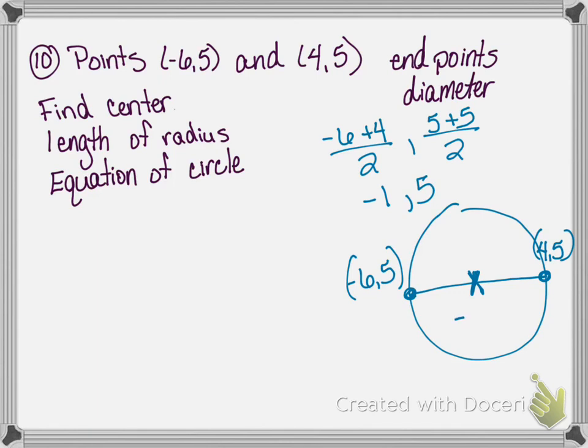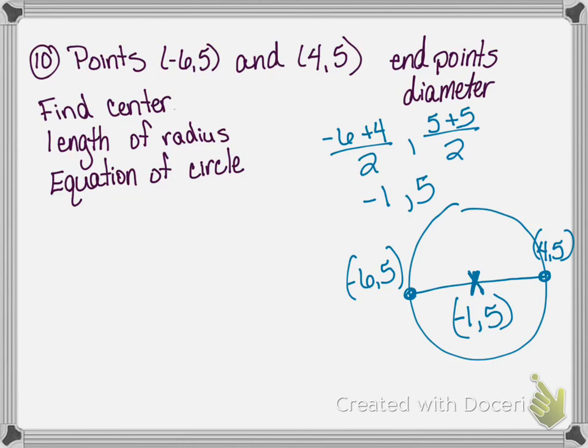So my midpoint, or the center of my circle, is negative 1, 5. So that's how I find the center of my circle. Then students are like, well, okay, I've got the center of my circle. Now what do I do? How do I find my radius?